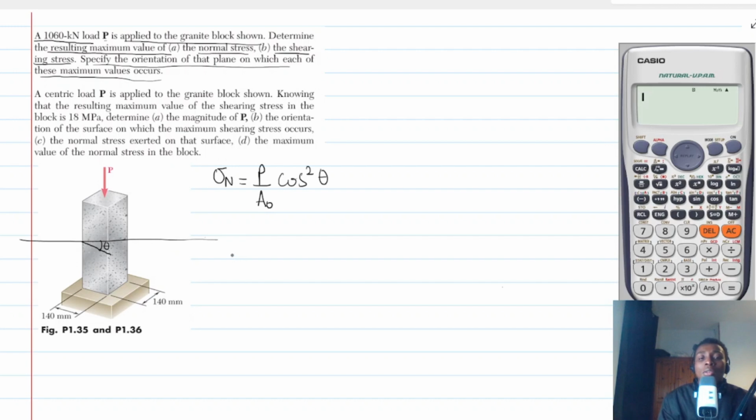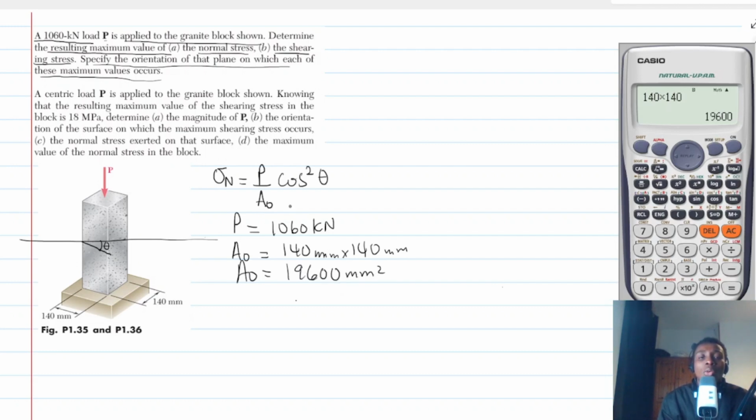So this is the formula that we have. We know P as 1060 kilonewton, and we also know the area as 140 by 140 mm. What is 140 multiplied by 140? That gives us 19,600 millimeters squared.